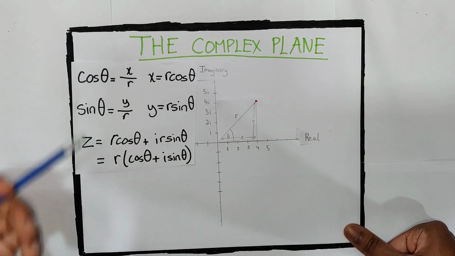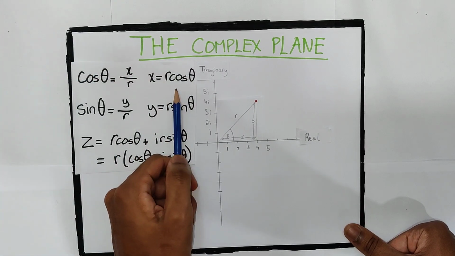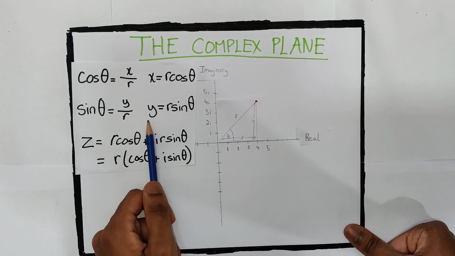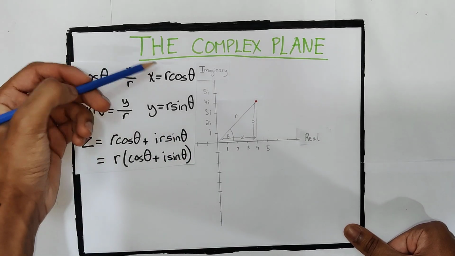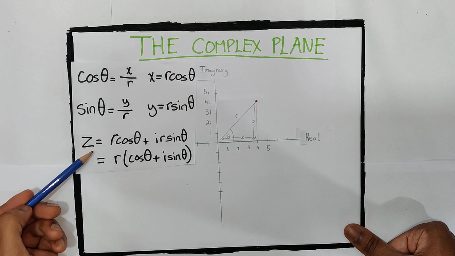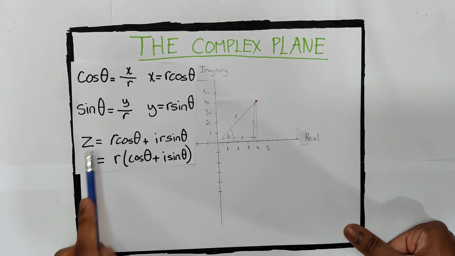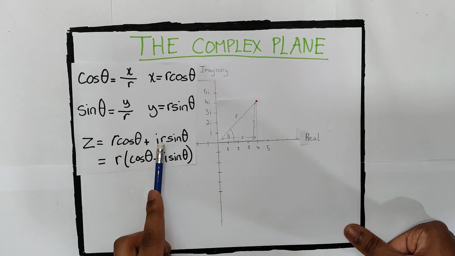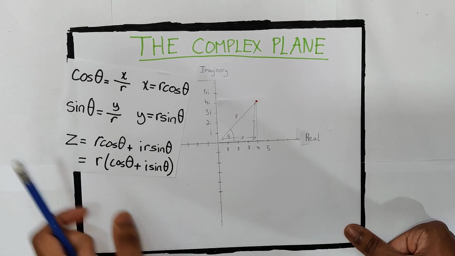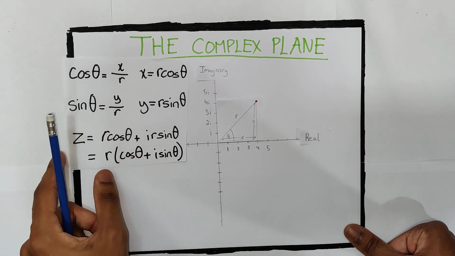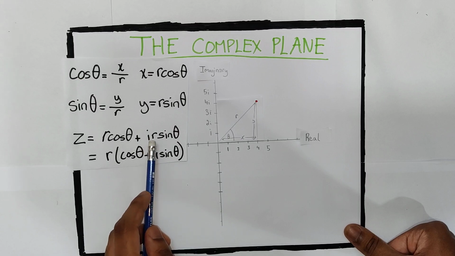So we know that the real component of the complex number can be given by r cosine of theta, and the imaginary component can be given by r sine of theta. If we combine these two to give you z, an arbitrary complex number, r cos theta plus i r sine theta. That will be z now, because remember, this distance represents the imaginary component, so we have to have that i here.